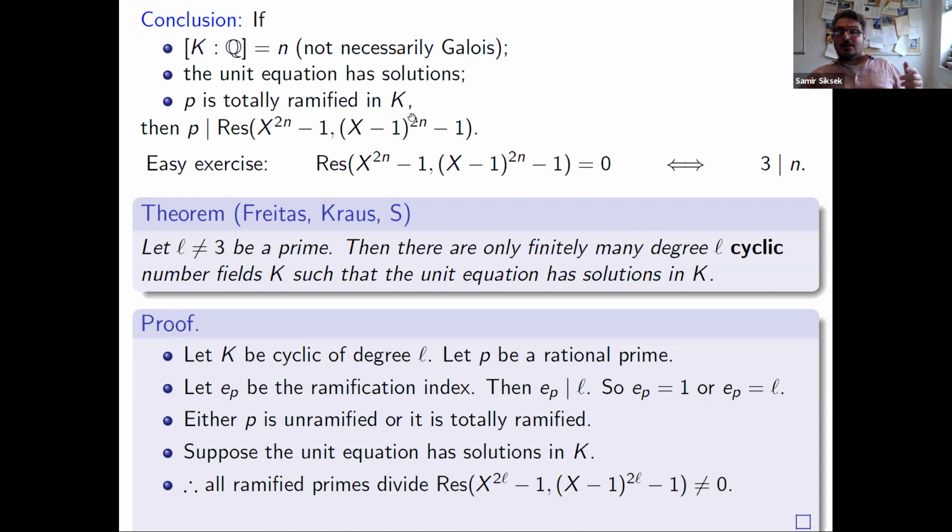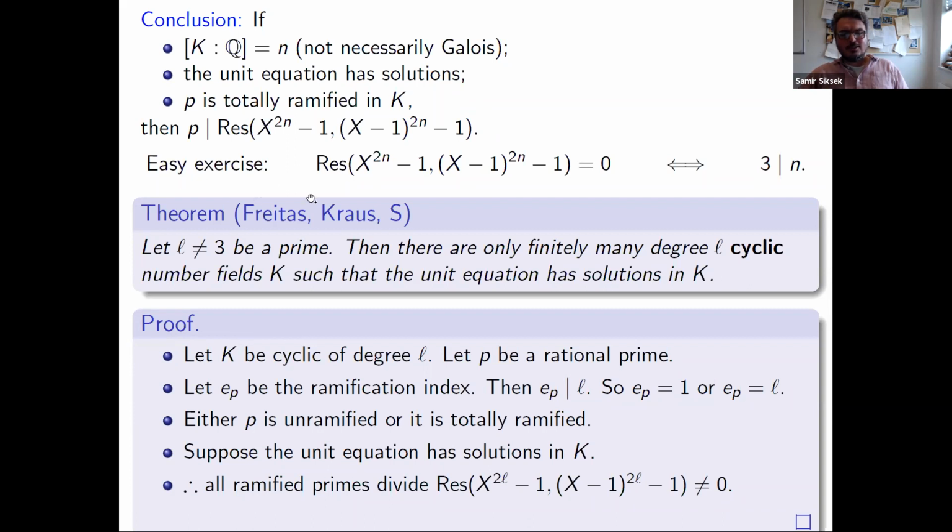If you have a solution to the unit equation, then the only primes that totally ramify in your field K must divide this resultant. Now, of course, this is useless if the resultant is 0. So when is the resultant 0?